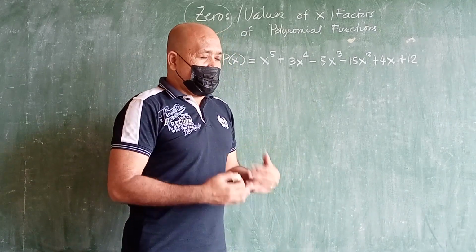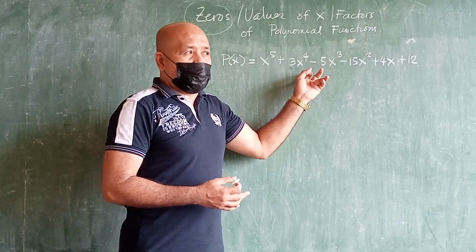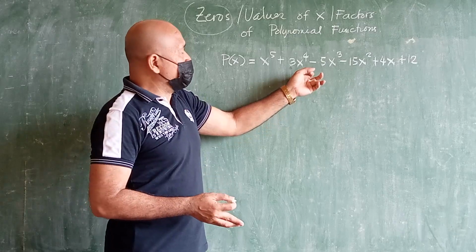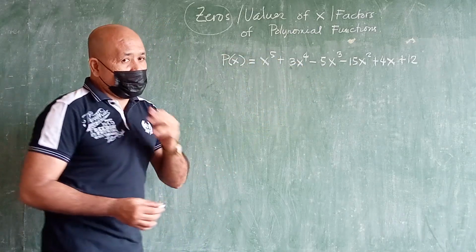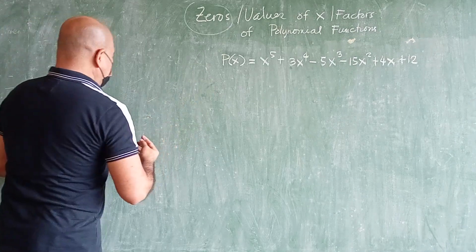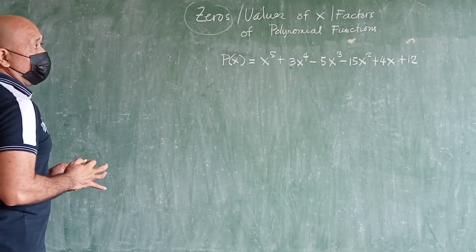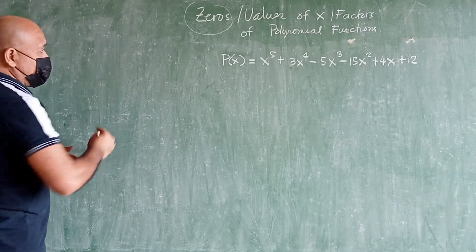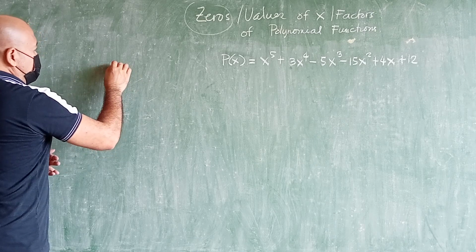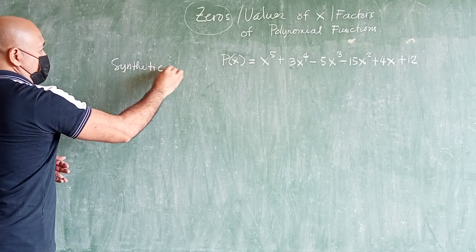And there is no given binomial considered as divisor or expression that will give you the idea how to solve for zeros or values of x. So in a given like this, the easiest way to solve for zeros, values of x, as well as the factors is by using the synthetic method.